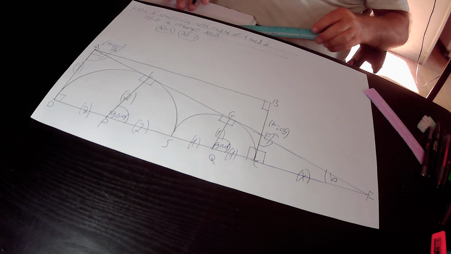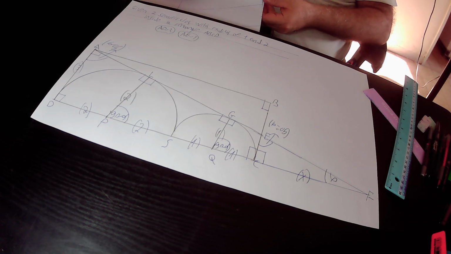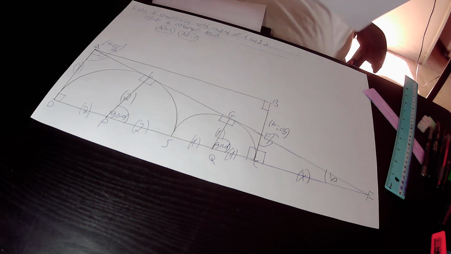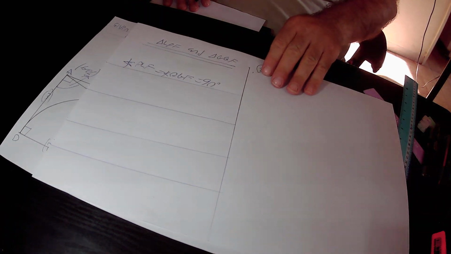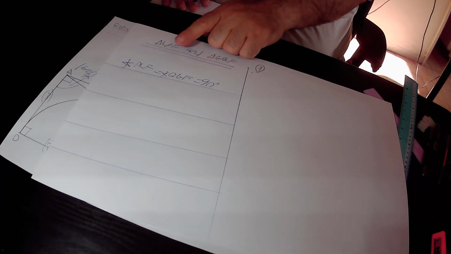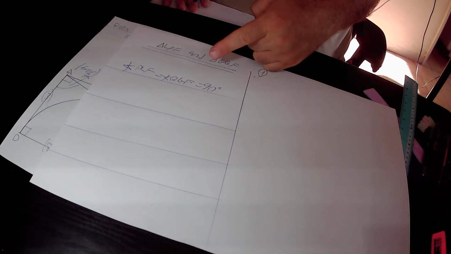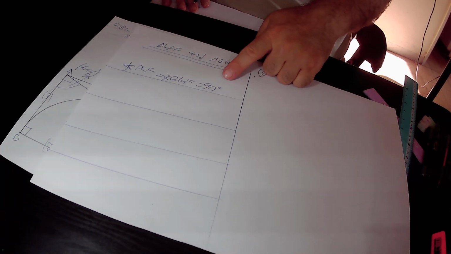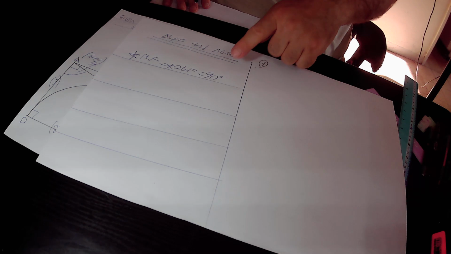So I'll repeat again. We found out that angle PLF in the big right triangle LPF equals angle QGF in the small right triangle GQF. They are both equal to 90 degrees and therefore they are equal to each other.